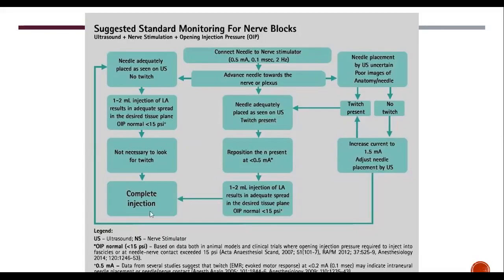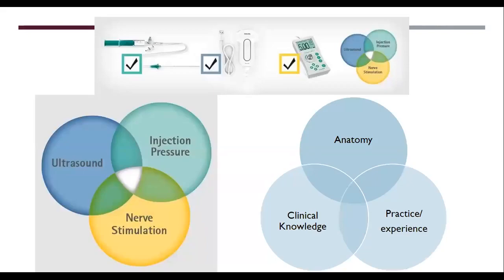Again, if there is no twitch also, but you are seeing desired tissue plane drug spread, you can very well inject the drug if opening injection pressure is less than 15 psi. So this is the triple guidance which I was talking about. This is the injection pressure monitoring, and this is the ultrasound, and this will be the peripheral nerve stimulator. So this is the recommendation nowadays for preventing nerve injury.